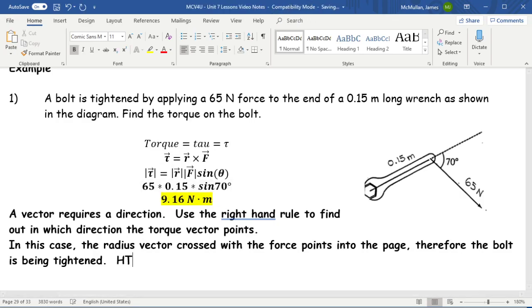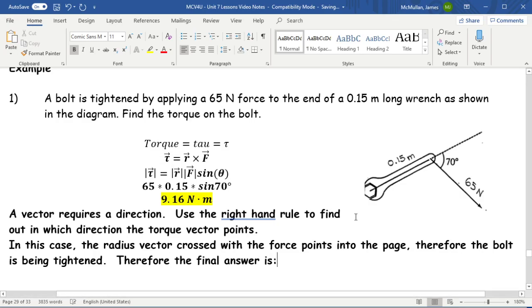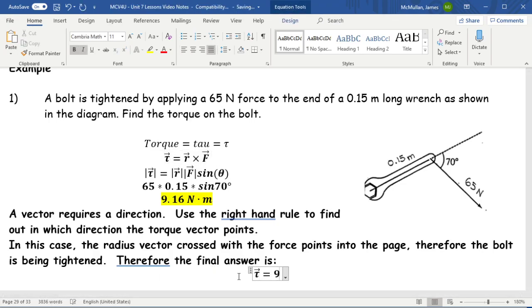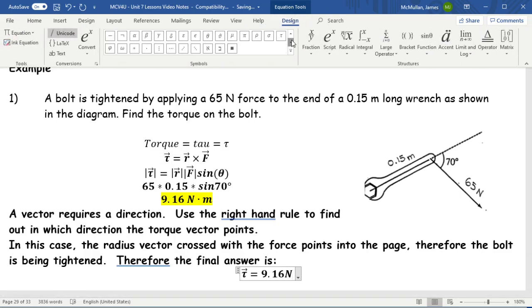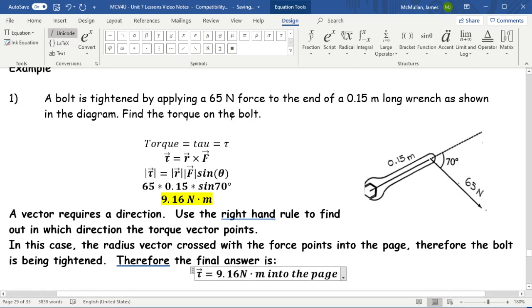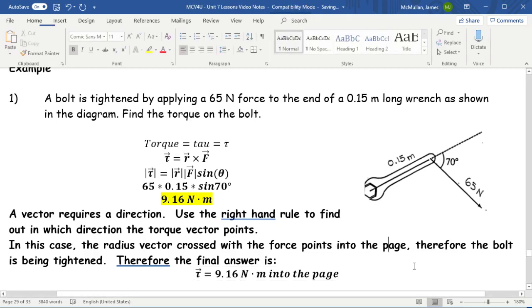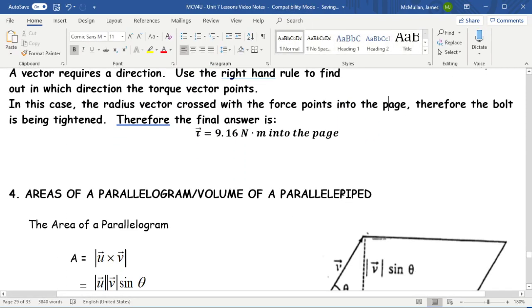So let's say, therefore, the final answer is, okay, so the torque vector equals 9.16 Newton meters into the page. And you can just say into the page or out of the page. Or you can also say tightened or loosened is also fine. I'll understand any of those.